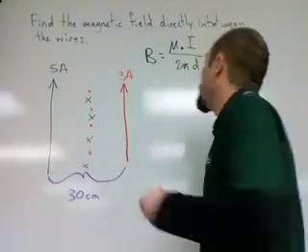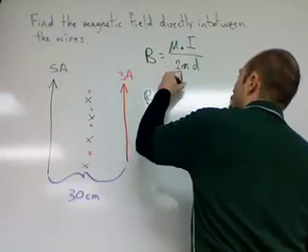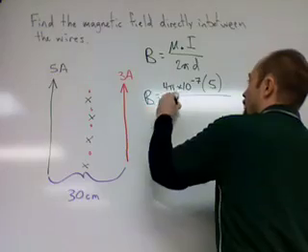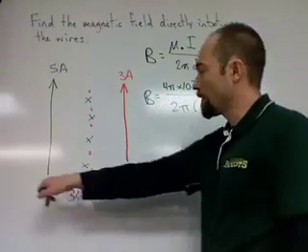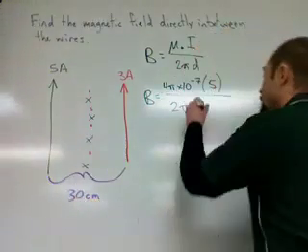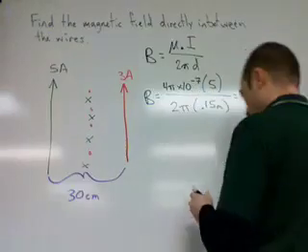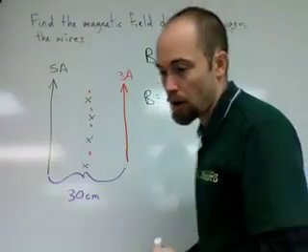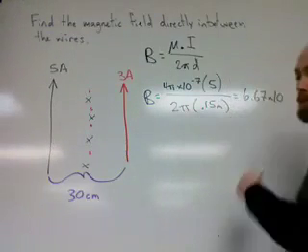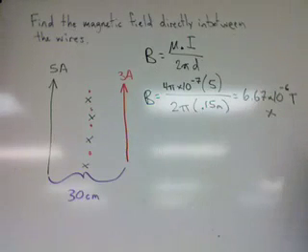B equals mu naught, which is 4 pi times 10 to the minus 7, times 5, divided by 2 pi times, if I'm halfway between, 15 centimeters, but I have to change that to meters, so 0.15 meters. If I do the math there, I get 6.67 times 10 to the minus 6 Teslas, and that is going into the page.